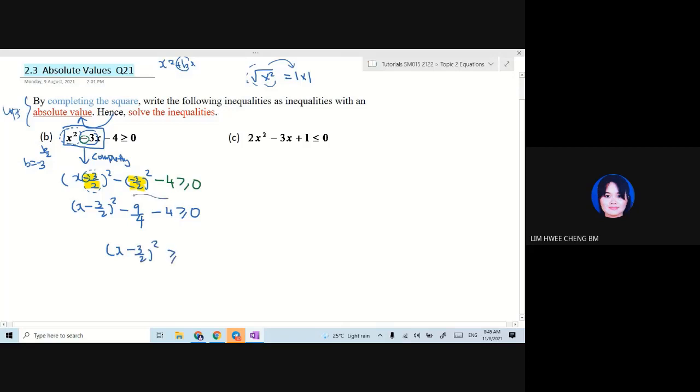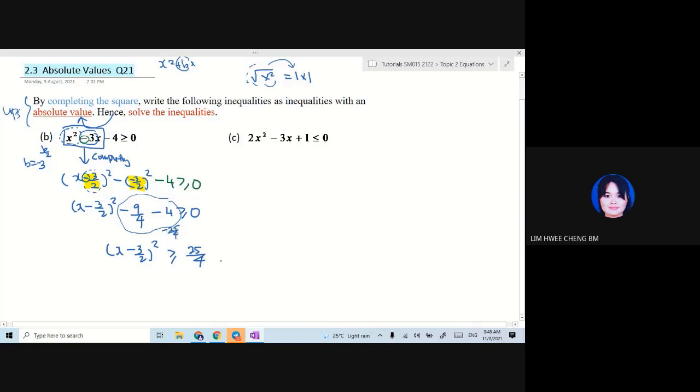Okay, this one you minus 9 over 4 minus 4, so you get the minus berapa? Minus 25. So you move everything to your right hand side. Sebab bahagian ni akan dapat negative 25 over 4 kan?